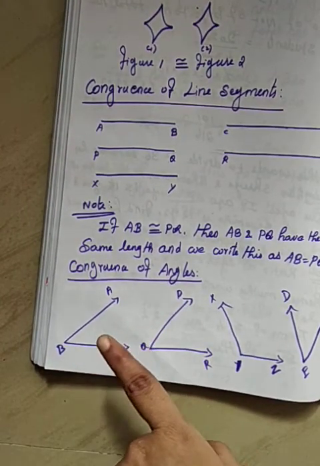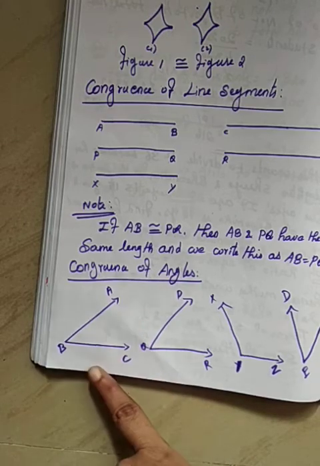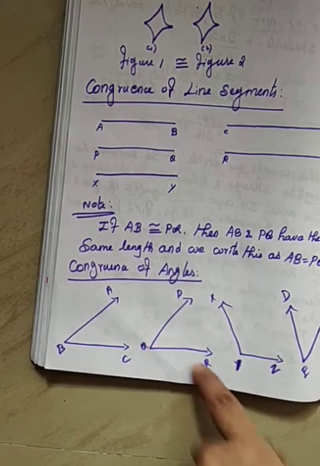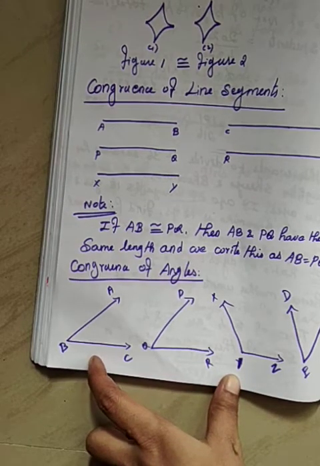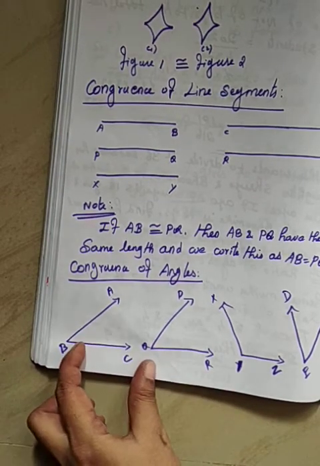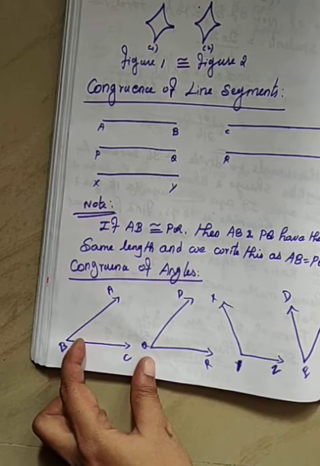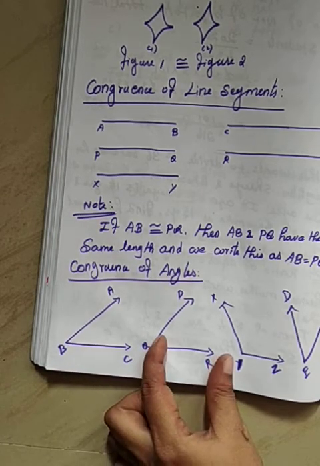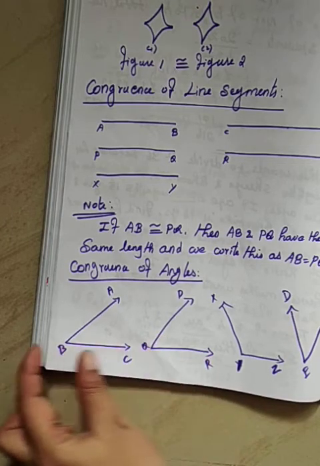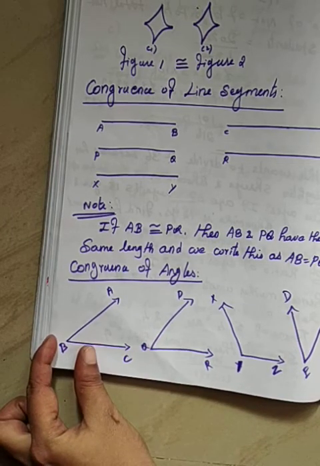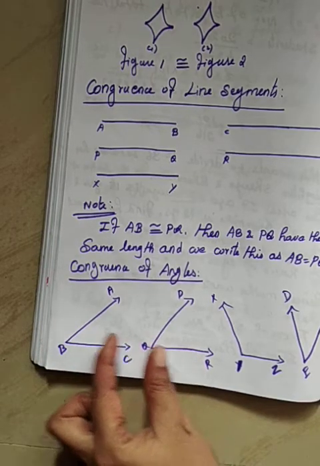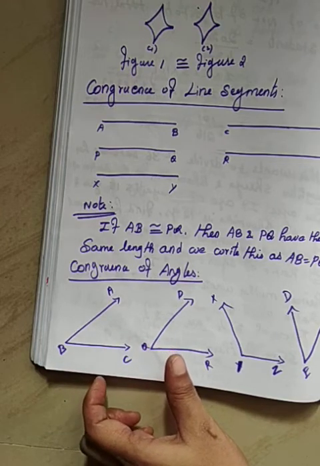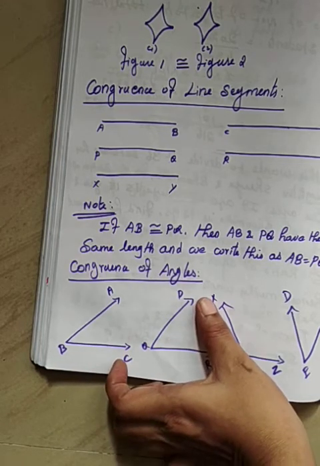Next, you have to find the congruence of angles. See here, angle ABC and angle PQR, these two angles are congruent. How? Make a replica of angle ABC on a tracing paper and place it on angle PQR such that the vertex B of angle ABC on the tracing paper coincides with the point Q, and one arm of angle ABC coincides with QP.